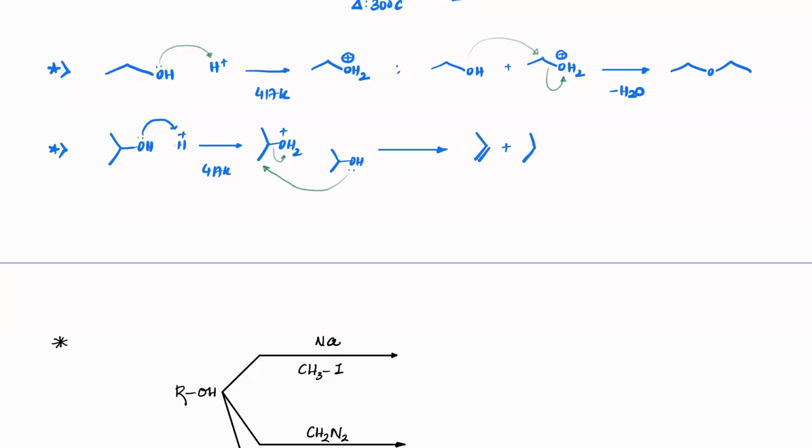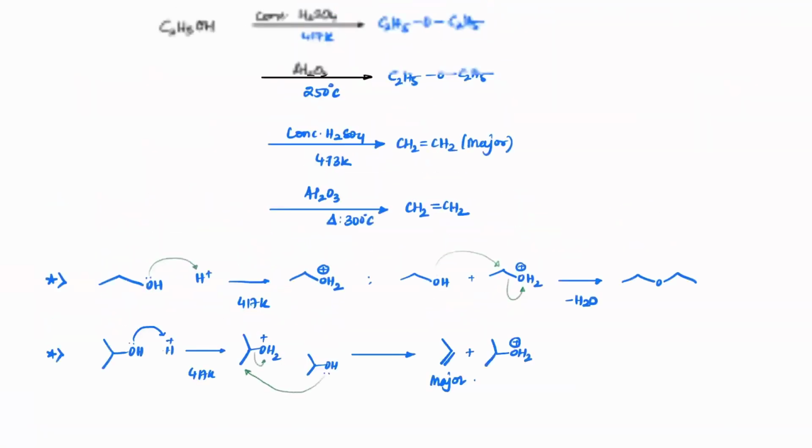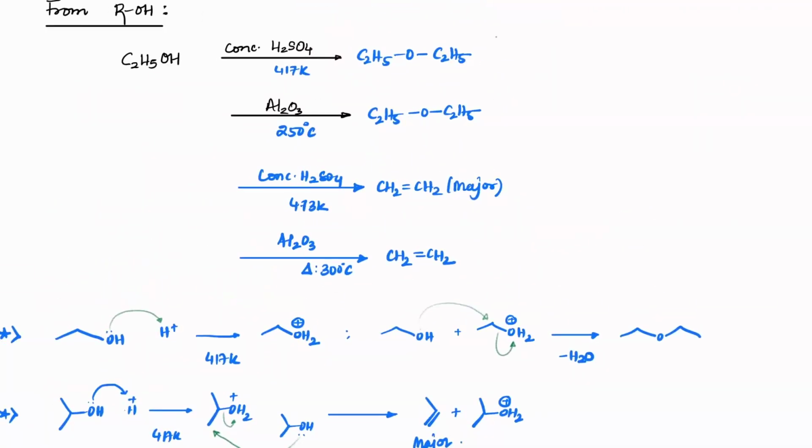Okay, and you will get this OH2 again. Correct? Clear? So usually you would notice that this oxygen will take away this H plus, water will go away from here, and double bond will be formed. So this is major product, and that's how it will keep proceeding. Okay, so this is concentrated H2SO4 to get into ethers.